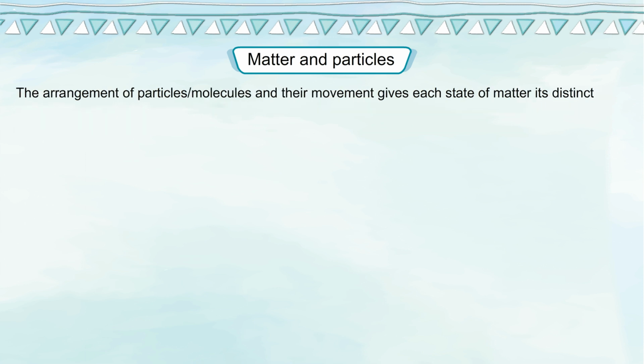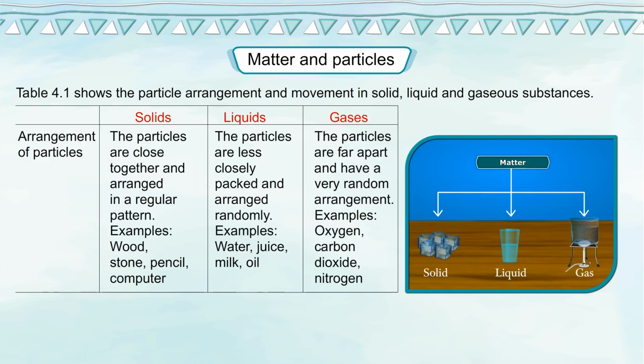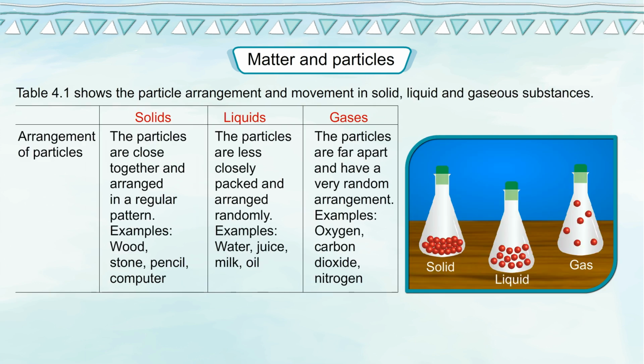The arrangement of particles or molecules and their movement gives each state of matter its distinct properties. Table 4.1 shows the particle arrangement and movement in solid, liquid and gaseous substances. Solids, liquids, gases. Arrangement of particles. The particles are close together and arranged in a regular pattern.